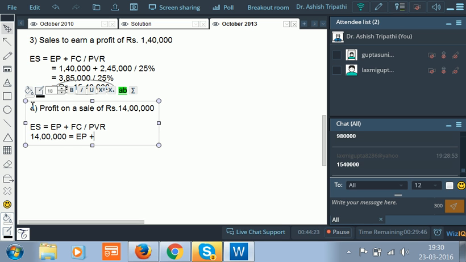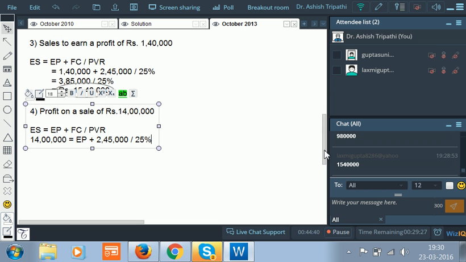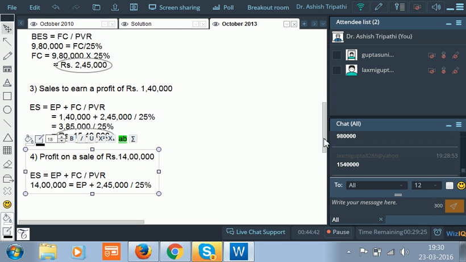We don't have expected profit. We'll have to calculate expected profit plus fixed cost. Fixed cost is 2,45,000 upon PV ratio, which is 25%.